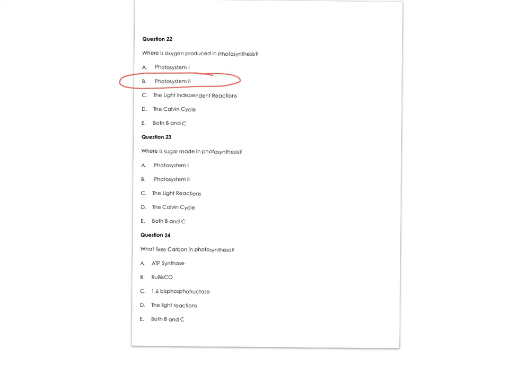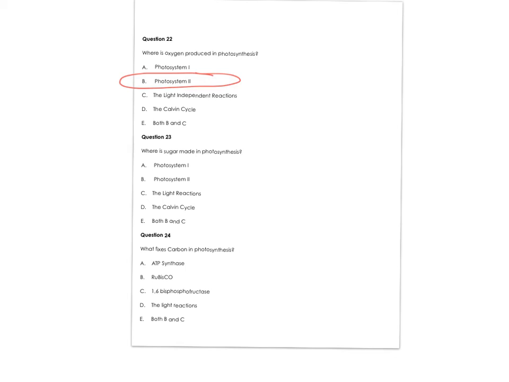And this was a trick in a way. I warned you about it over and over again. Be careful with prefixes. Light dependent, light independent. The only difference is the "in," and the "in" means not.